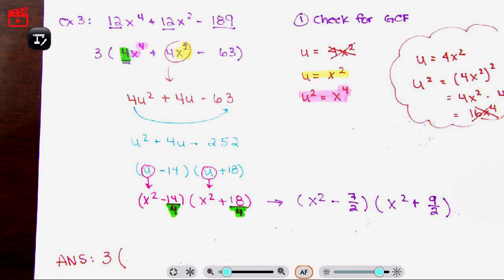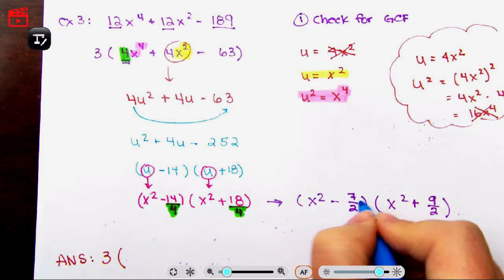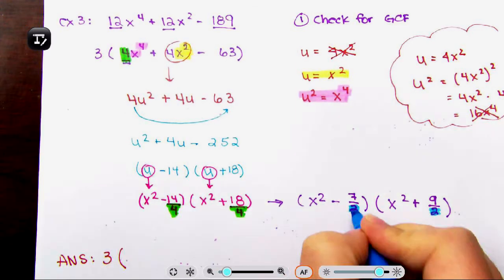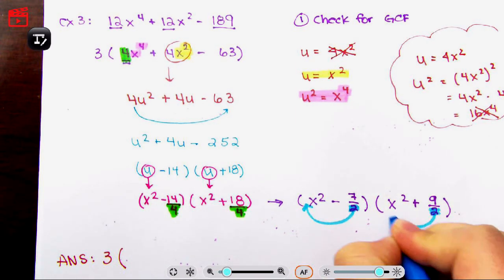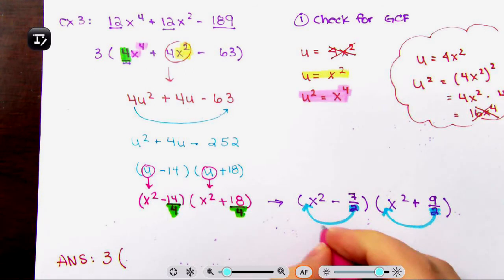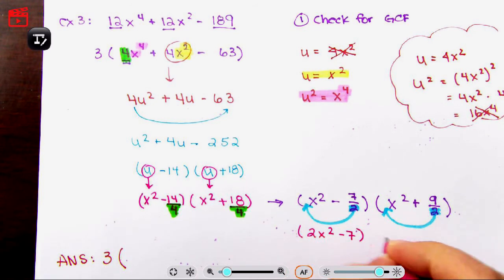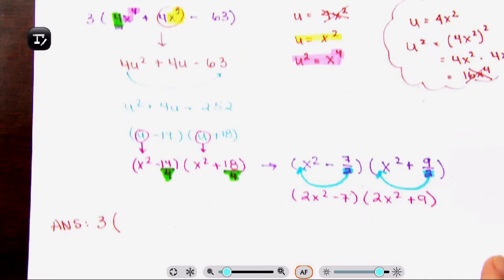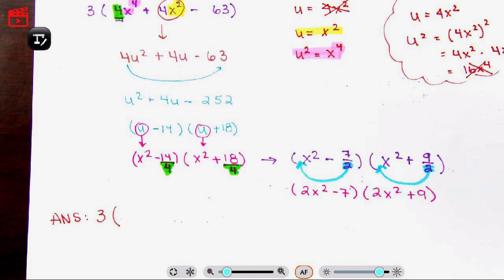The denominator now gets picked up, and that is your new coefficient on your x squared here. So then I have 2x squared minus 7, and I have 2x squared plus 9. These are two terms, so now I have to double check if they are, again, here's my cheat sheet.